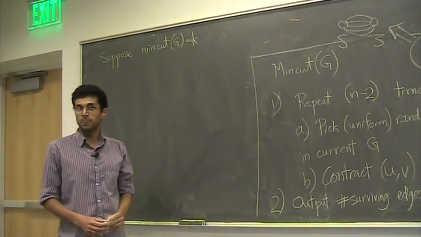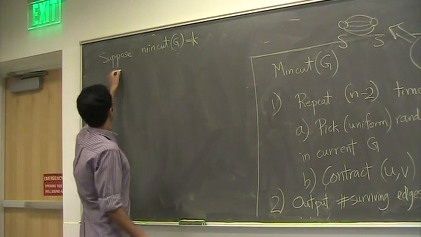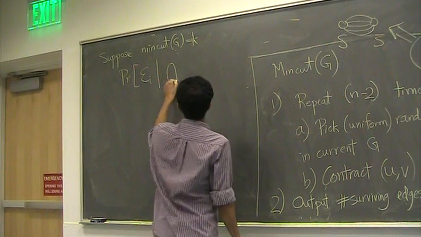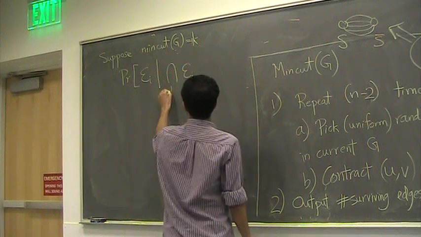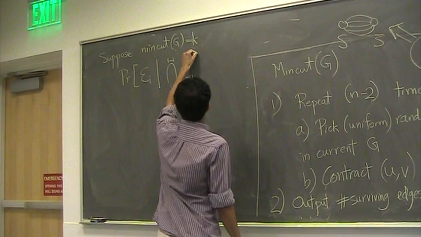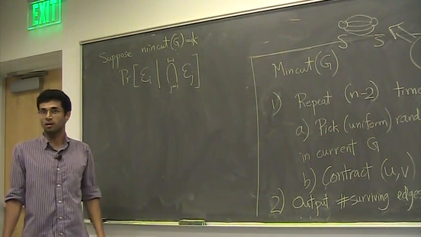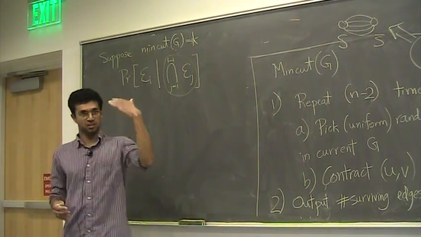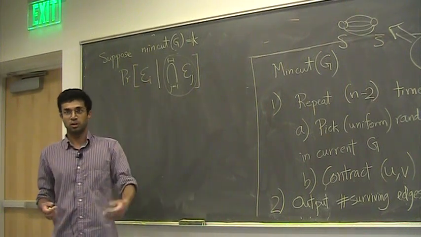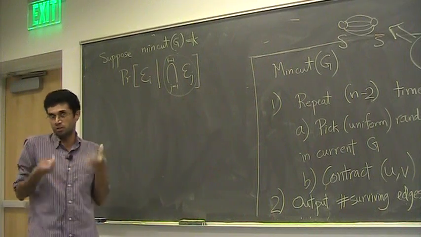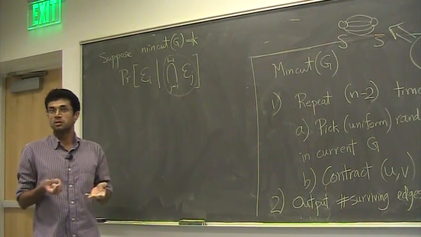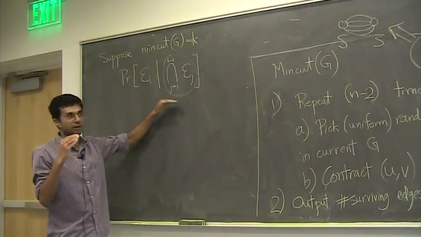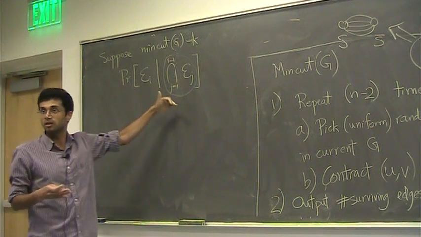We want to understand this event, the probability of the ith event conditioned on the first i minus 1. What this means is essentially the mincut stays at k, because you always avoid picking the mincut, so the mincut is not going to go up. If you destroy it, the mincut value could go up. But this means that the mincut value is going to stay at k.